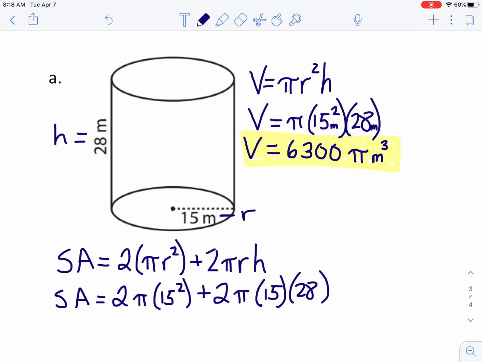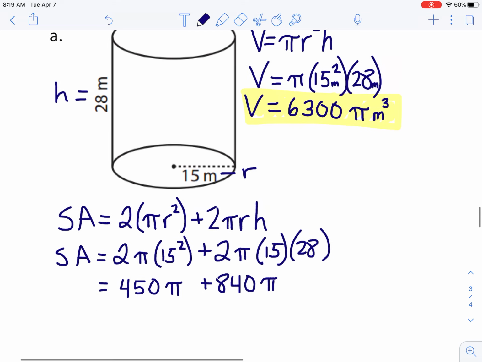So this first part, the base, comes out to 450 pi plus 840 pi.